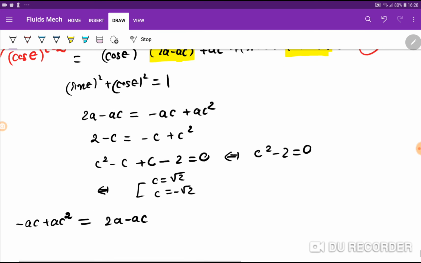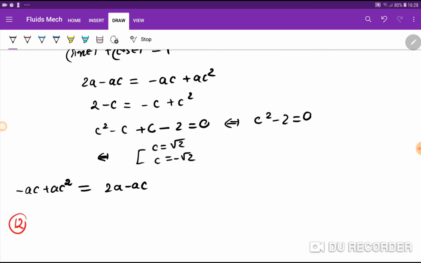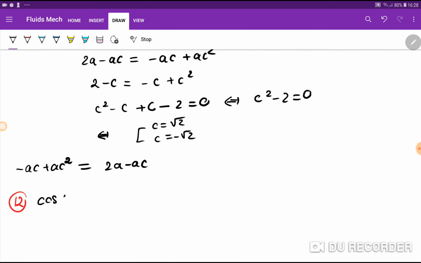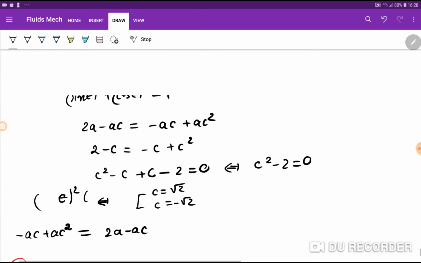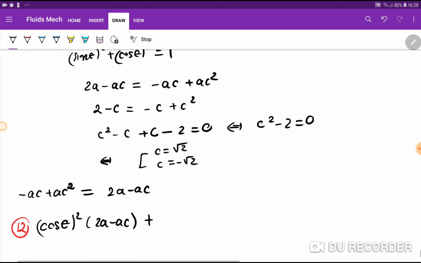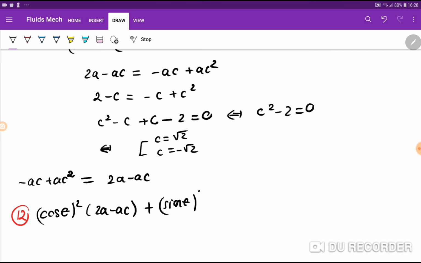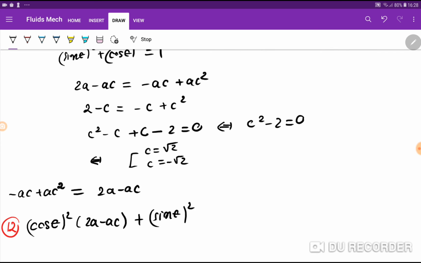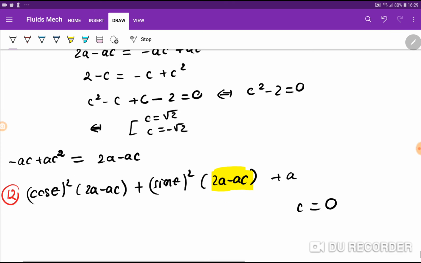So 12 would become cos theta square times 2a minus ac plus sine theta square times 2a minus ac, since I replace it from negative ac plus ac squared because we say they're equal. We set up an equation that favors our constraint, plus ac equals 0.